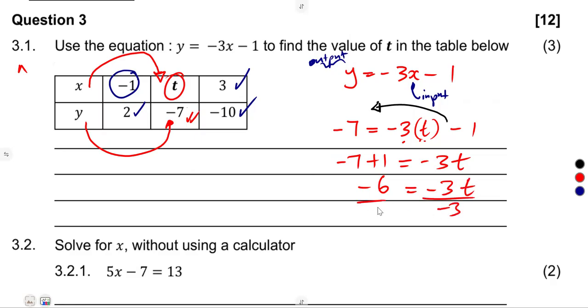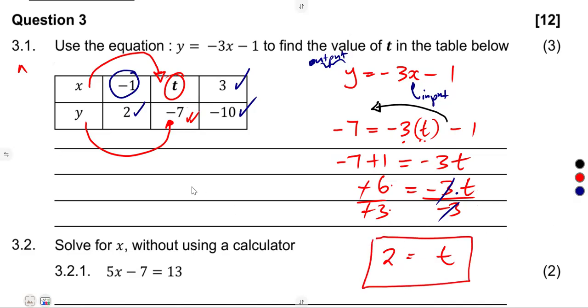So divide by -3. As we can see, that's a product here. So divide, that's our t was going to be -6 divided by -3, which is 2. So that's t is equal to 2. Okay, just like that. So it's an equation.